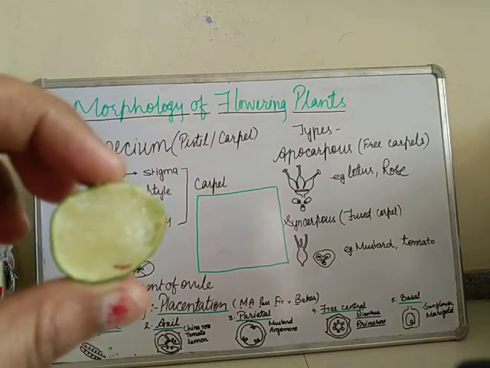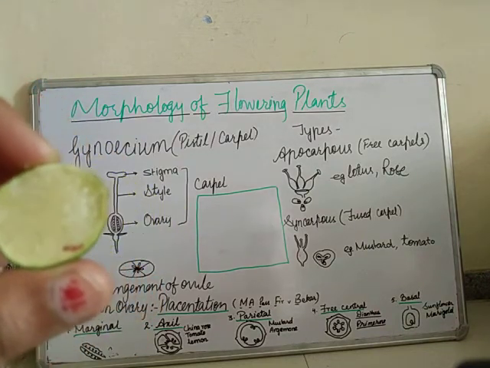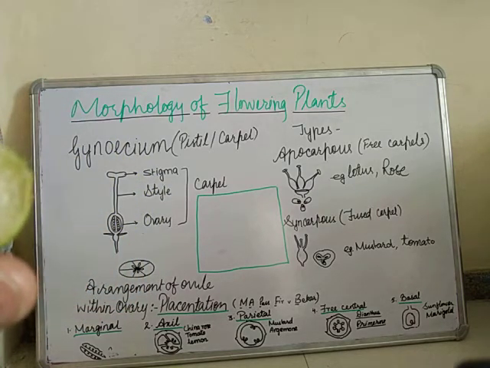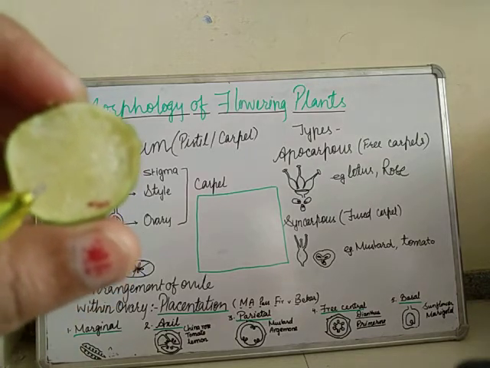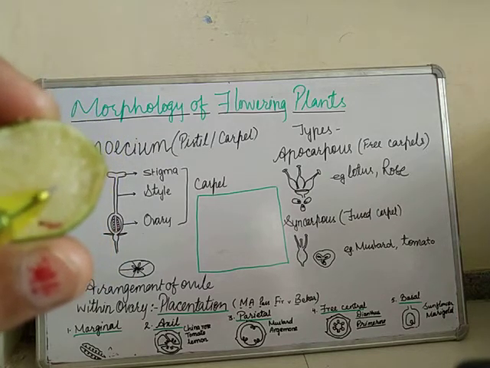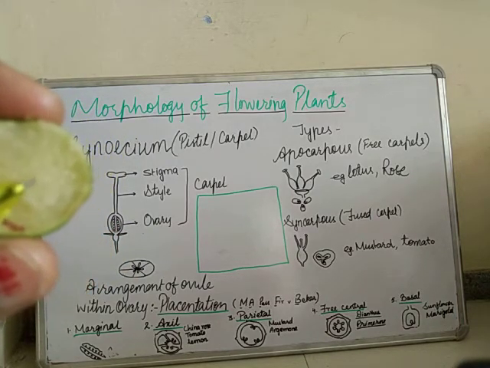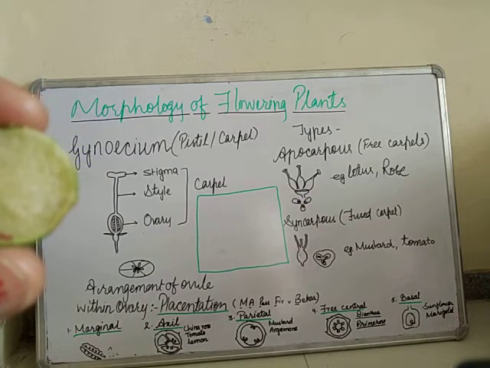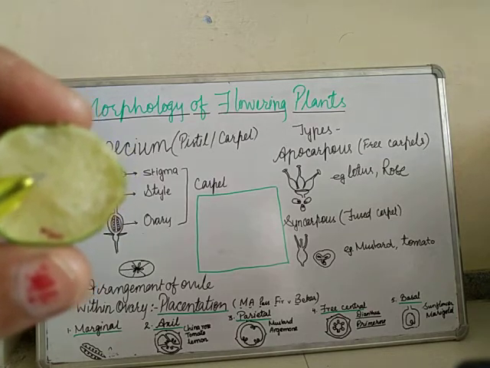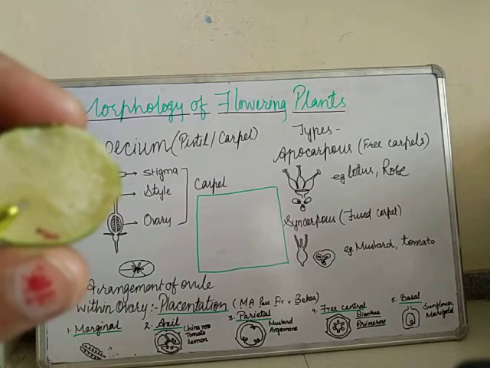If you cut a lemon, you can see the locules that are present. Seeds are present inside this particular area. This is the placenta, and inside it the seeds are arranged.